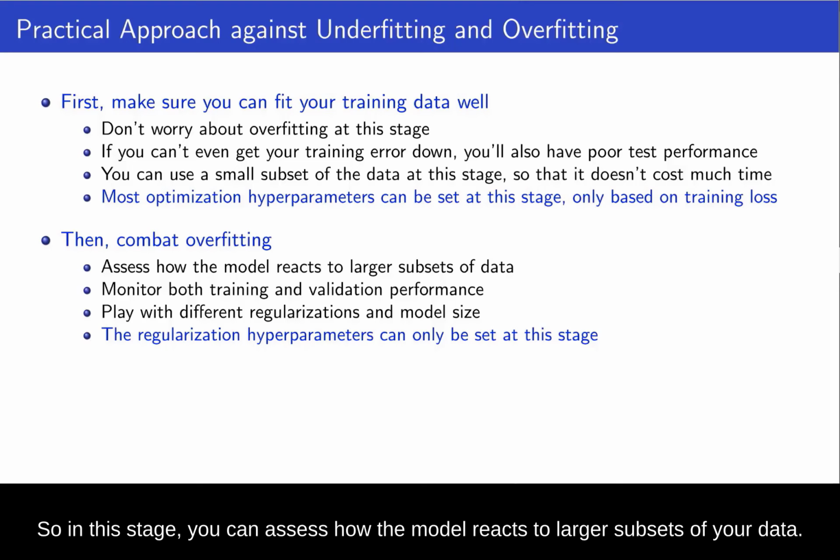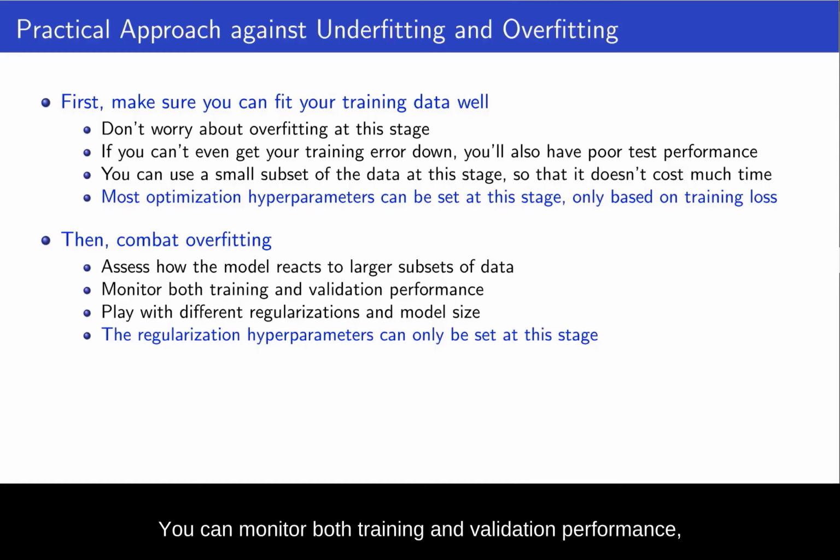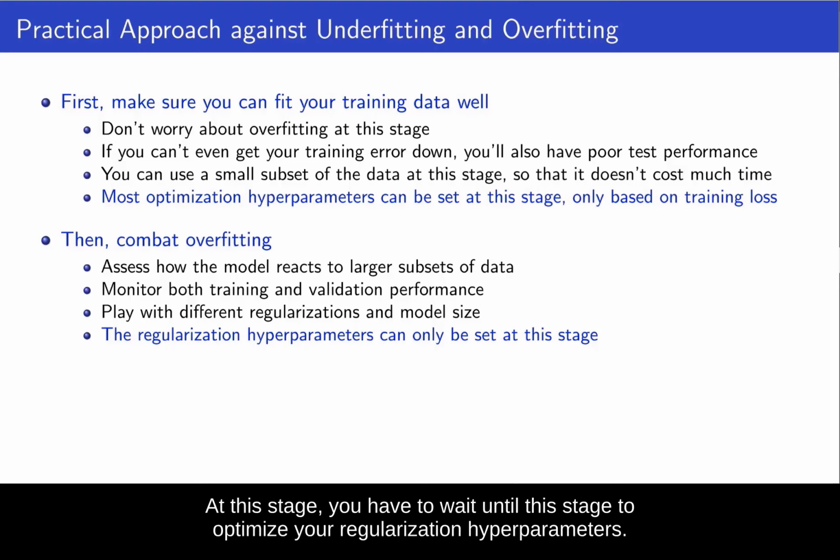So in this stage, you can assess how the model reacts to larger subsets of your data. You can monitor both training and validation performance, and you can play with different regularizations and the model size. You have to wait until this stage to optimize your regularization hyperparameters.